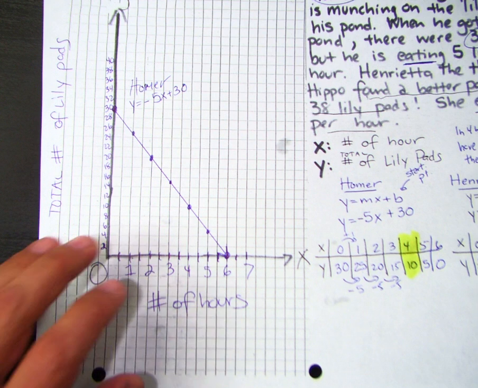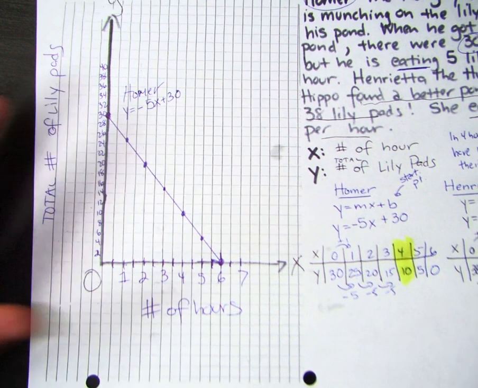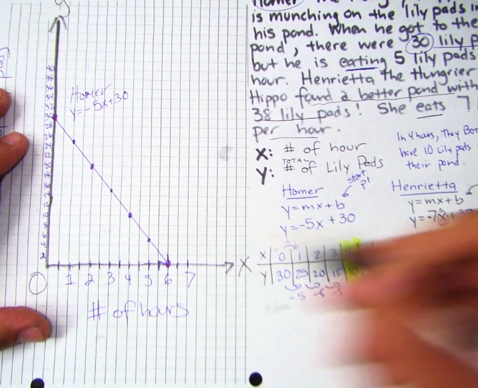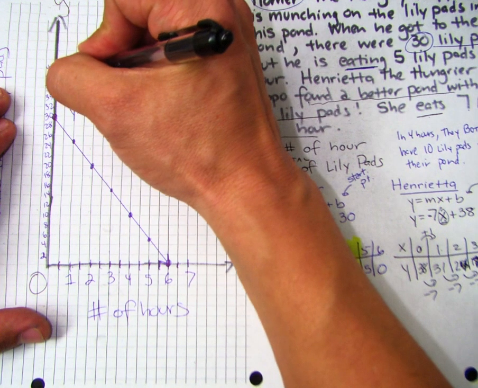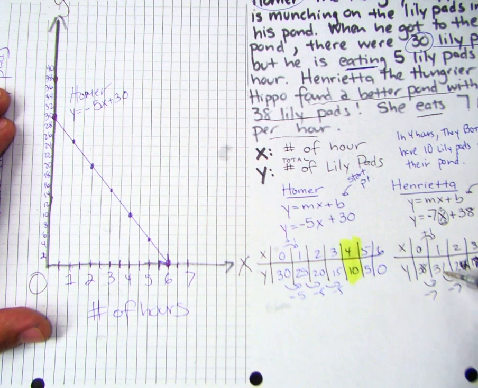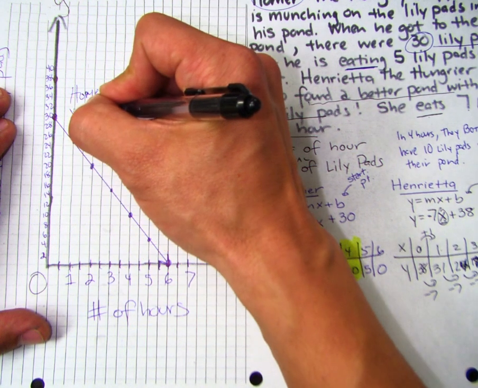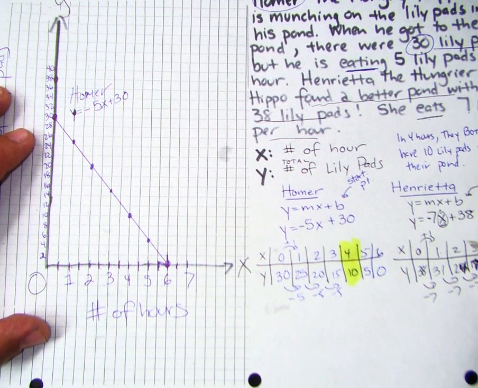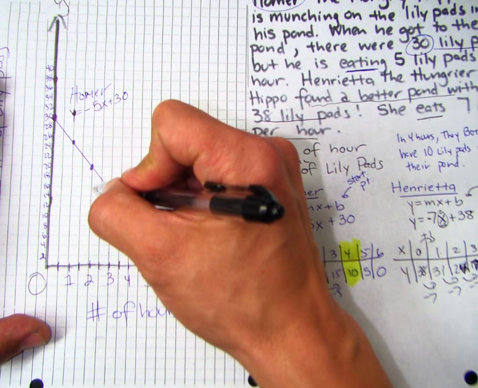All right, let's do Henrietta. Let's do this one! Here we go! 0, 38! Right there! 1, 31! Right there! 2, 24!